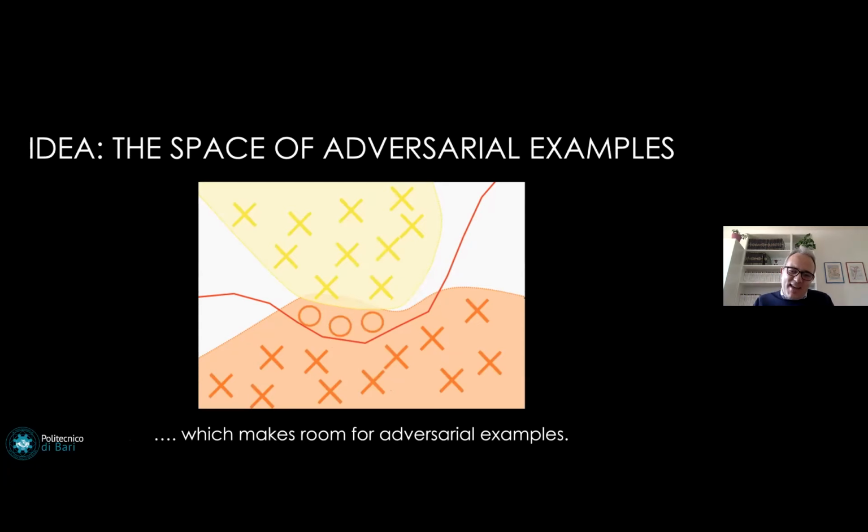As you can see, the red line is the model boundary, while the yellow part is the actual boundary of the data. There is room between these two boundaries for examples that are not so clear: they are within the model's decision boundary, but outside the boundary of the actual data.